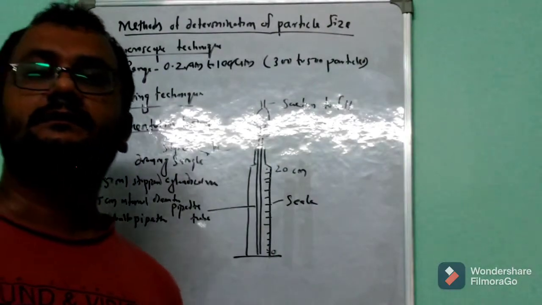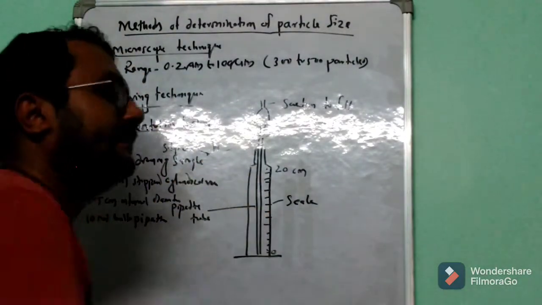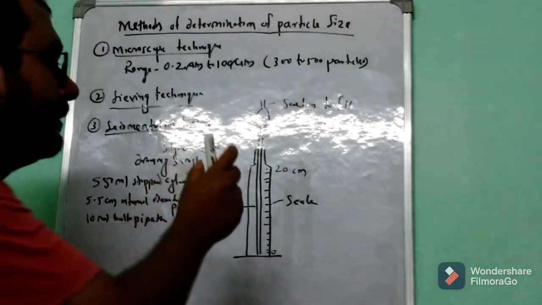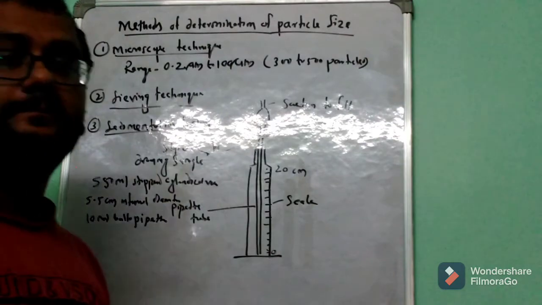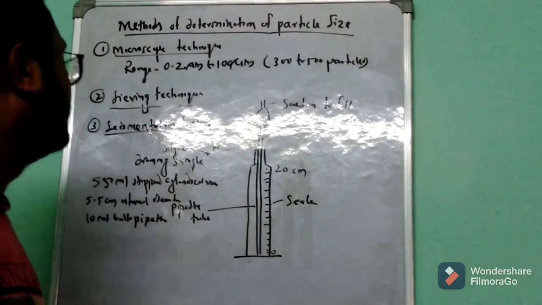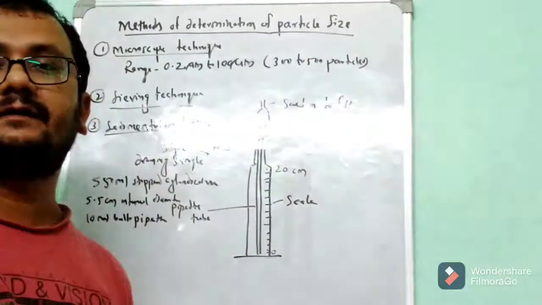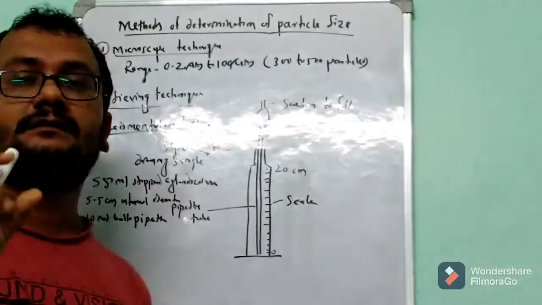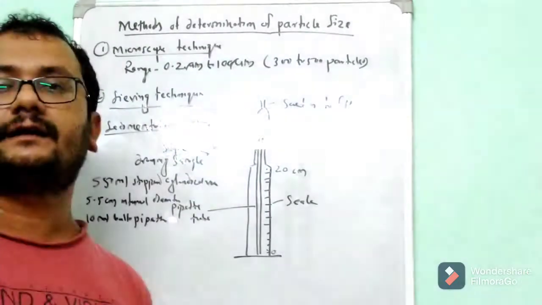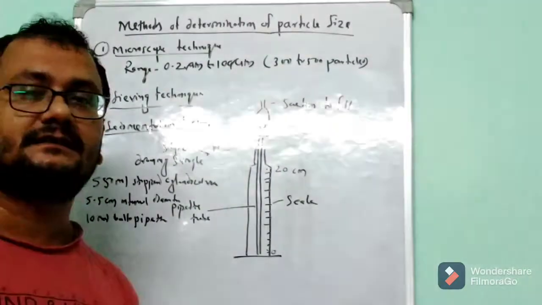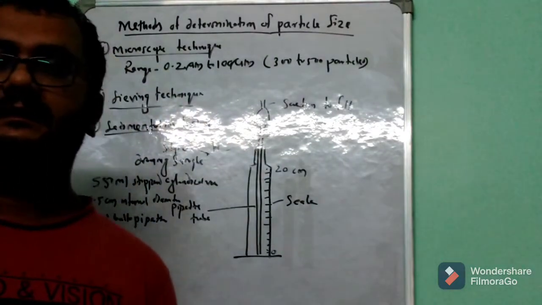The internal diameter of the vessel is 5.5 centimeters, and the bulb is 10 ml, so every time we collect 10 ml of sample. Finally, the series of samples collected is evaluated in the particle size analysis. So this is all about the determination of particle sizes.